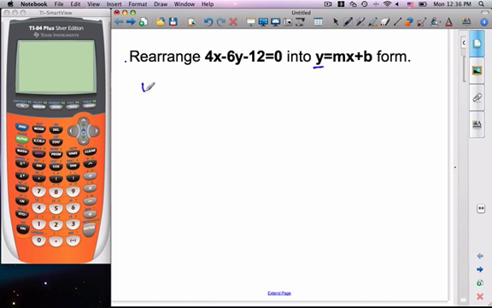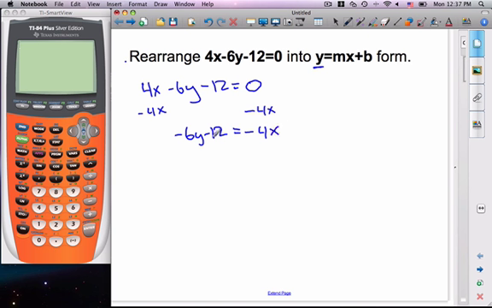So if we start off with 4x minus 6y minus 12 equals 0, the first thing we can get rid of is this 4x, and we do that by subtracting 4x from each side. And that will give us negative 6y minus 12 equals negative 4x.